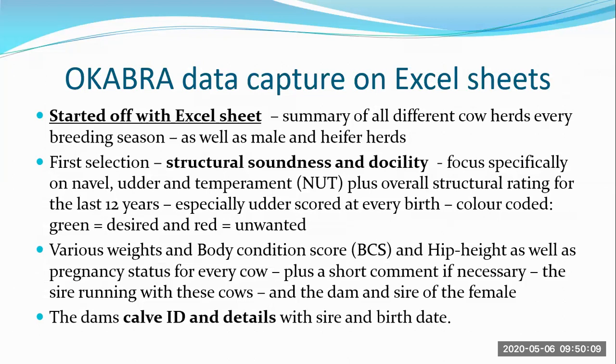The first one is the navel or the sheath for Brahmins, of course. The others are the udder, and the docility or temperament. That NUT, navel udder temperament, you will see in all the Excel sheets which we have. And then we also give a structural overall rating of the structural soundness of that animal. These are the 4 basic things which we look at when we talk about structure here.